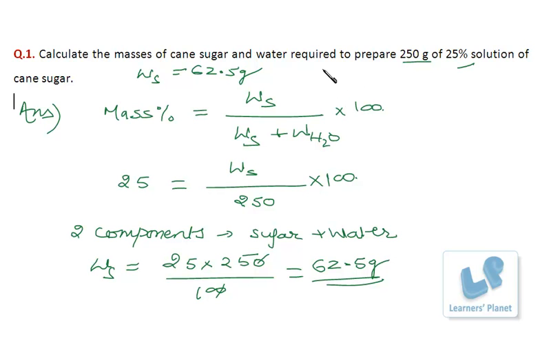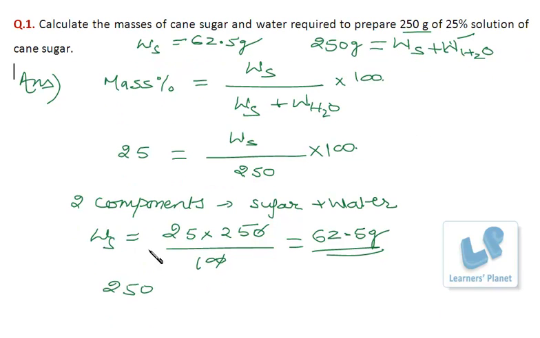So what will be the weight of water in the solution? We can make the equation. What is the weight of solution? It is 250 grams. This is equal to the weight of solute plus the weight of solvent. So 250 will be equal to the weight of solute, that is 62.5 grams, plus the weight of water.